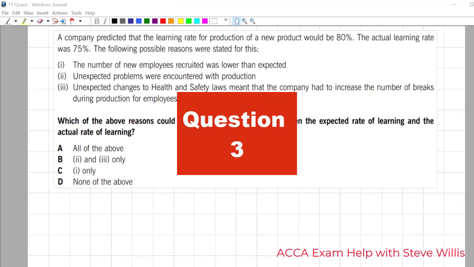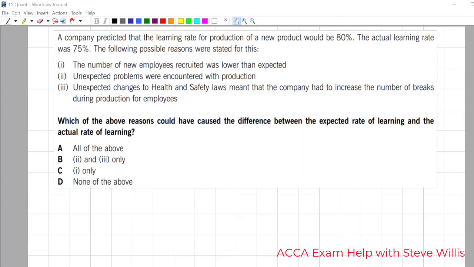Here we have another learning curve question. And in order to do this, you need to understand the difference between 80% and 75% rate of learning. If you remember, we see the effect of the learning curve when the production doubles, if we're doing it that old-fashioned approach in the table. So if we did this, just 2 items, right? The units, we do 1, we do 2, okay?